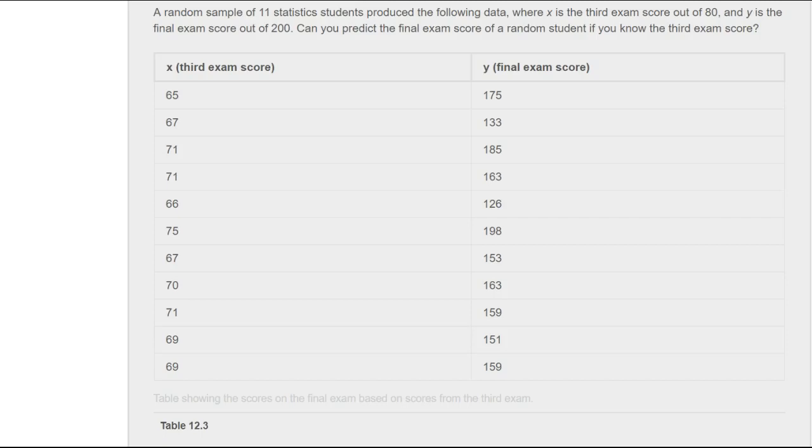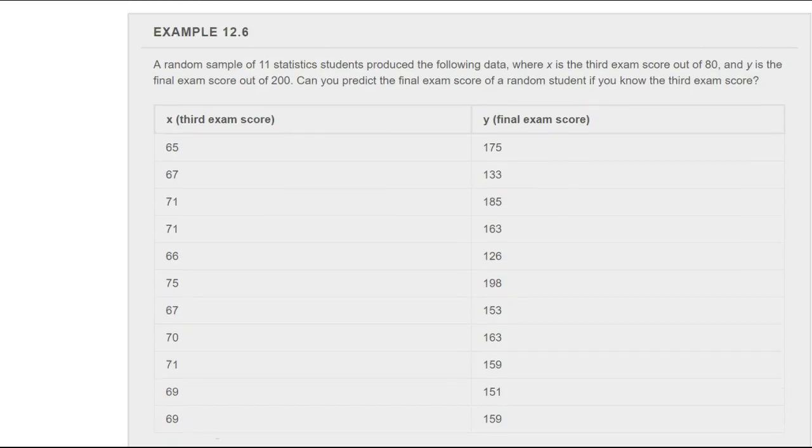So let's talk about some data here. We have a random sample of 11 statistics students who produce the following data, where X is their third exam score out of 80 points possible, and Y is their final exam score out of 200 points possible. Can we predict their final exam score for a random student if we know their third exam score?